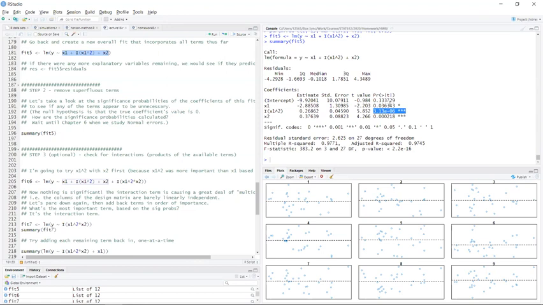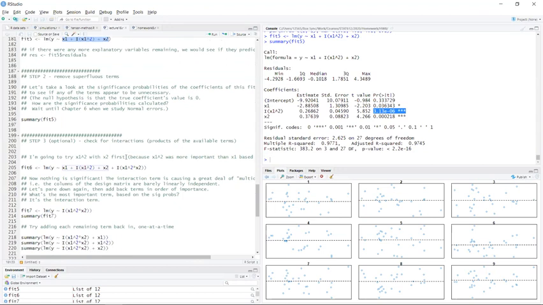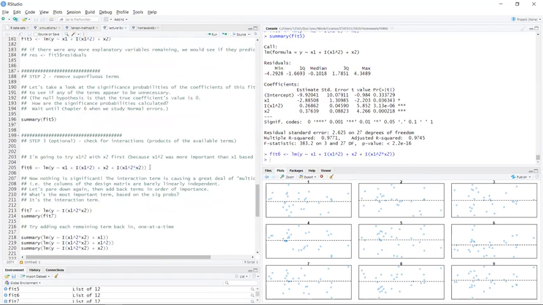So if one of these is more important than the other, it's x1 squared. x1 squared is the much more important term. Let's just bring it in first. So x1 squared times x2, that's going to be the first interaction term that we consider bringing into the model. So I'm adding that term to the model, x1 squared times x2, and I'm going to redo the fit.